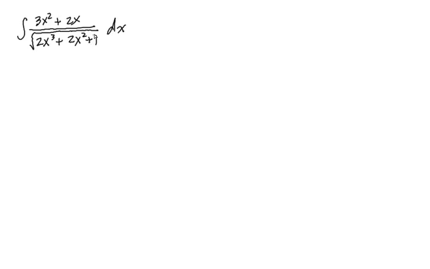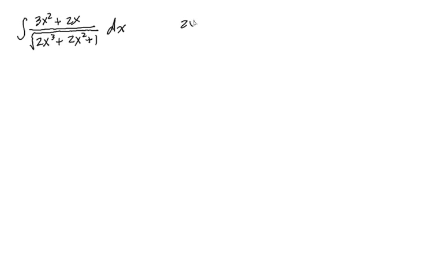So this radical should kind of give you a hint, or scare you away from trying to break up this denominator. Your first intuition should really be thinking, if I differentiate the stuff inside, what am I going to get? Is it going to hopefully look like the numerator?